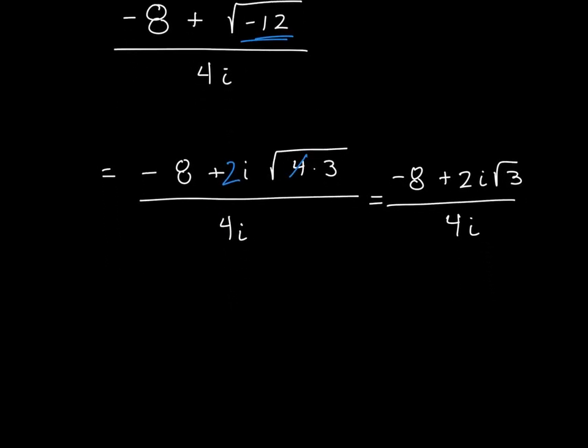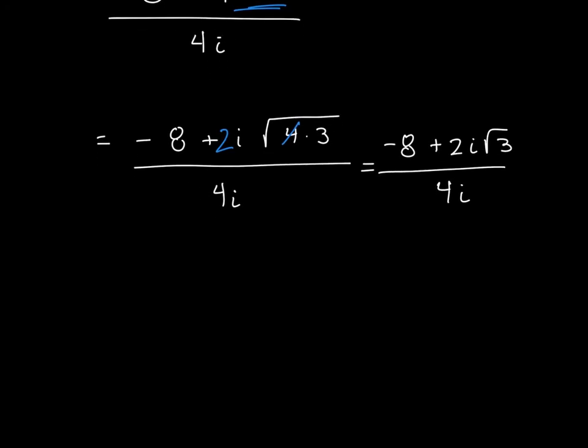Now, this is not going to be your final answer, and the reason is the same way that you cannot leave a square root in the denominator, you must rationalize that imaginary number. So I have to multiply the numerator and the denominator here by i over i.